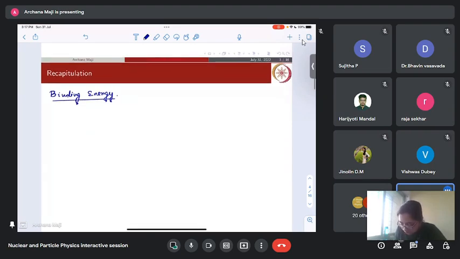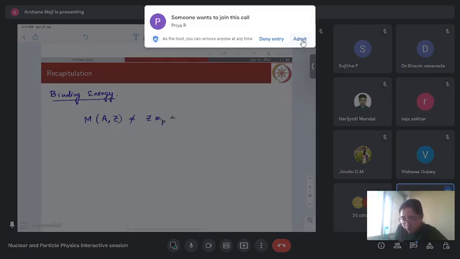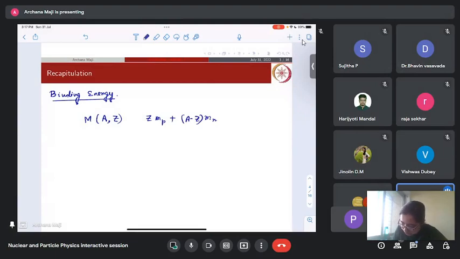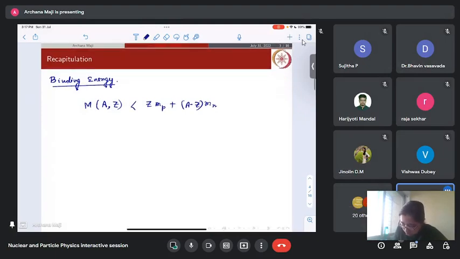Suppose you are given a nucleus with nucleon number A and atomic number Z. The mass of that nucleus will not be equal to the mass of its constituents, like Z number of protons plus A minus Z number of neutrons, but it will be less than the sum of those constituents.